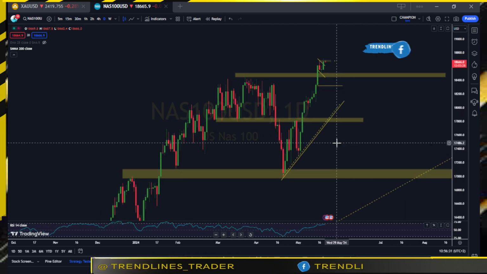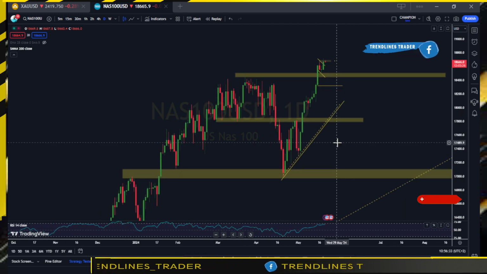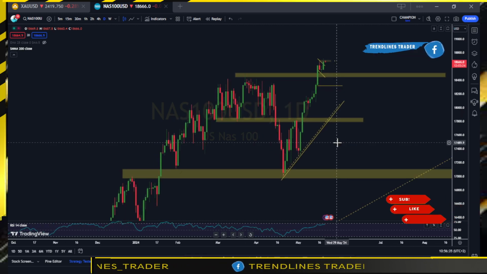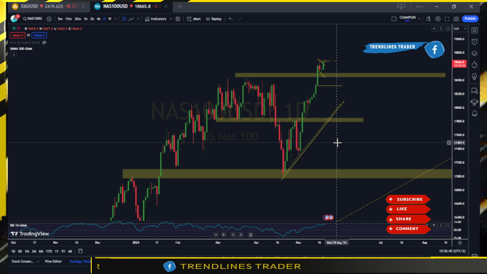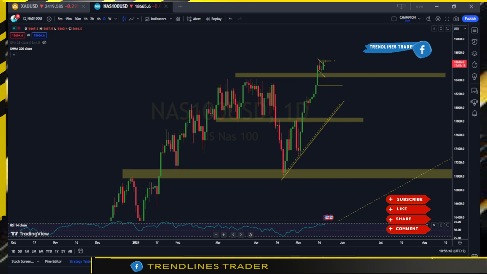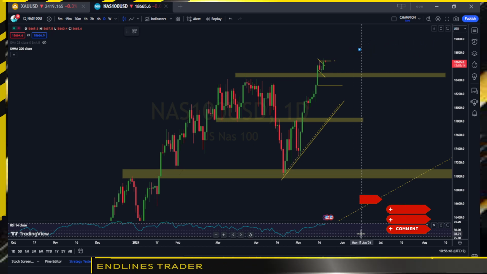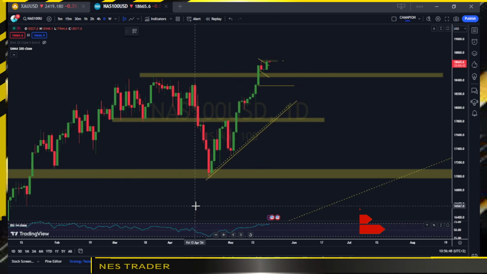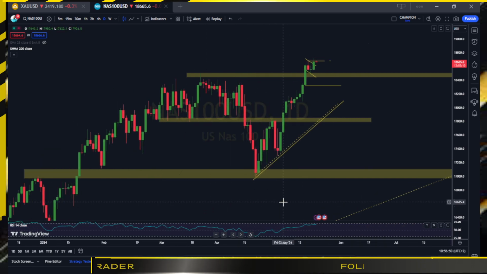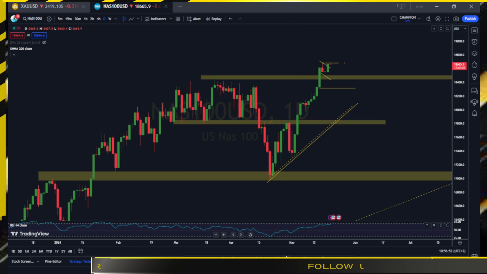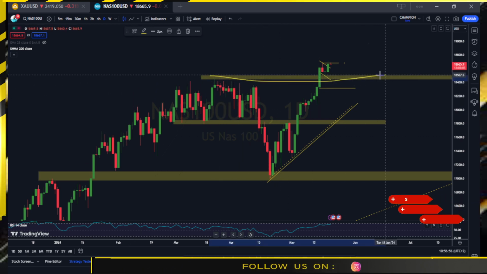After recognizing what is happening with our indicator, we focus on our chart, and we see that the price previously broke this level, previous resistance.